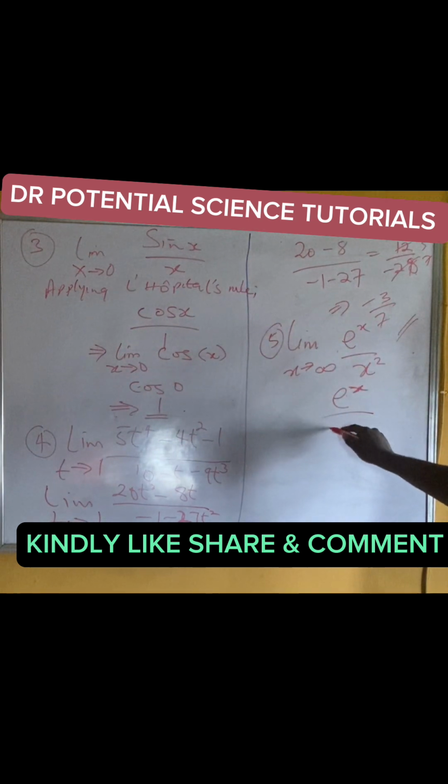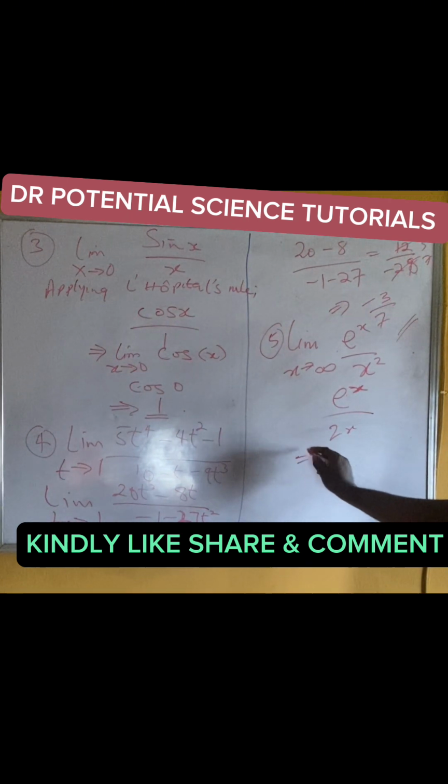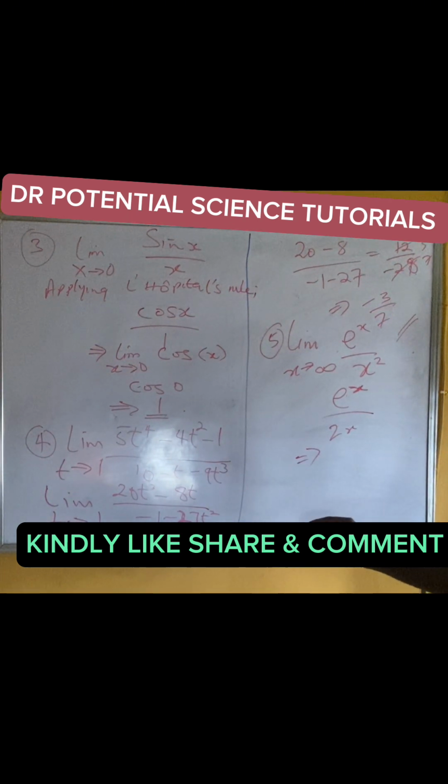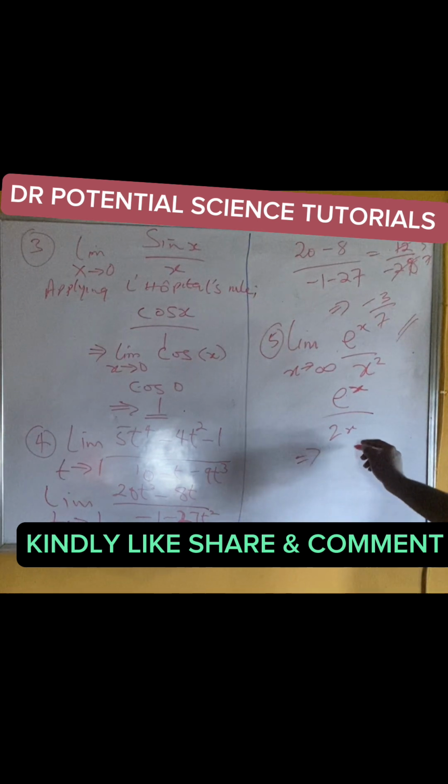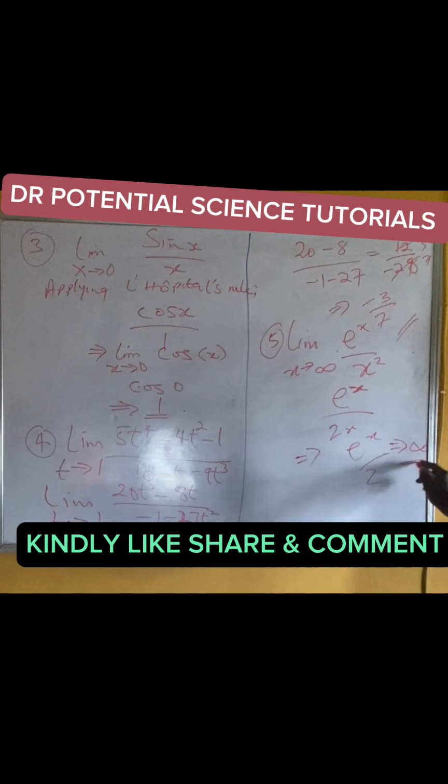Differentiate x squared, you have 2x. So the same thing, it still gives us infinity over infinity. So if you differentiate again, we see exponential x over 2. All right, so final answer what? Infinity.